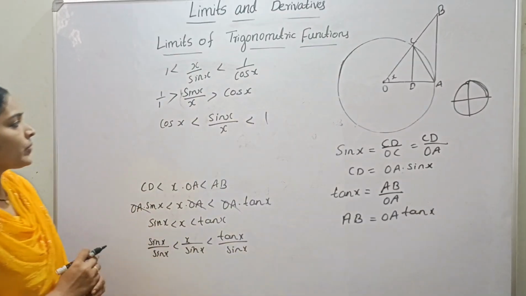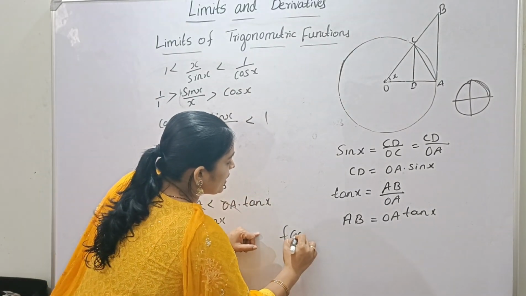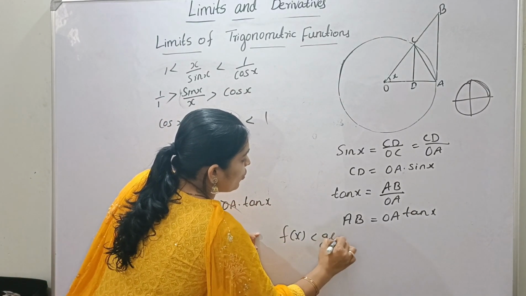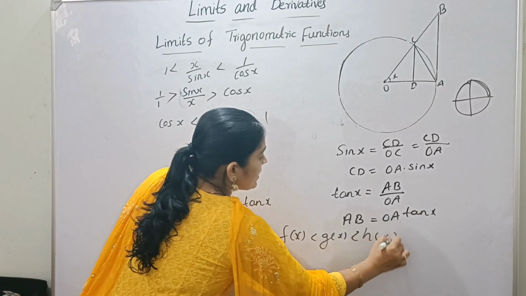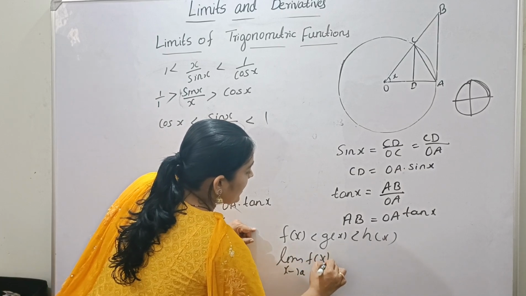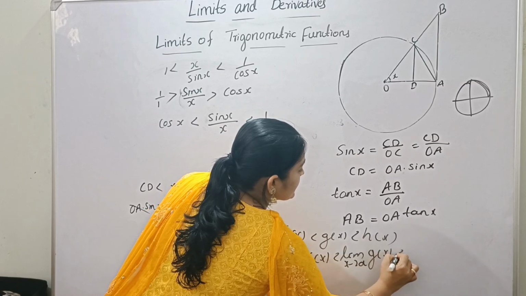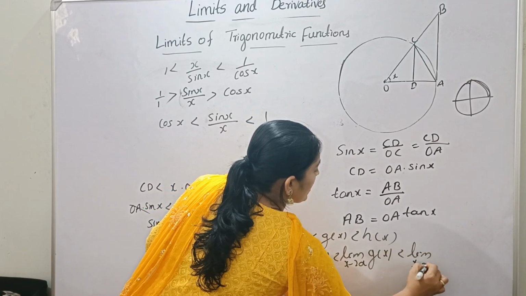So here also, for three functions, if f of x less than g of x less than h of x, then limit x tends to a f of x less than limit x tends to a g of x less than limit x tends to a h of x.